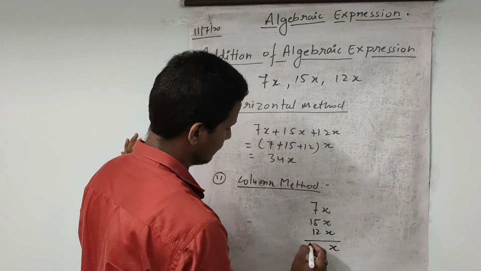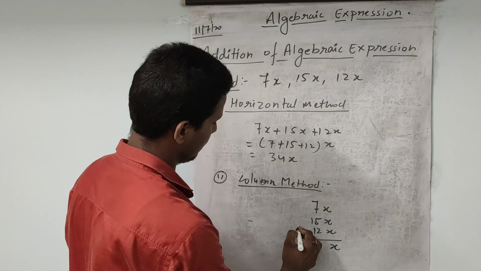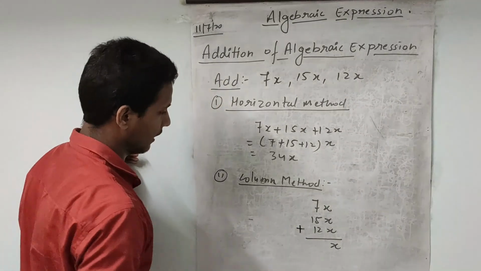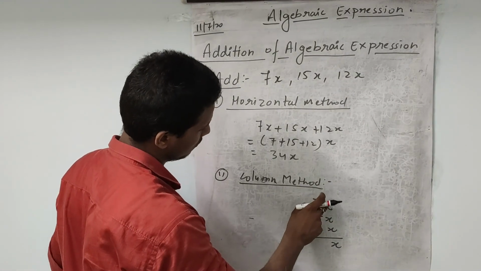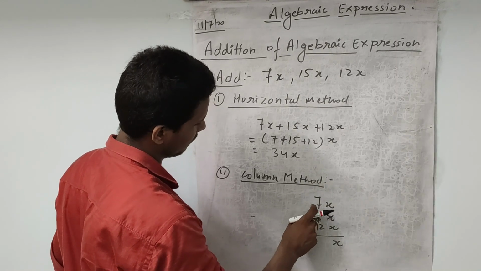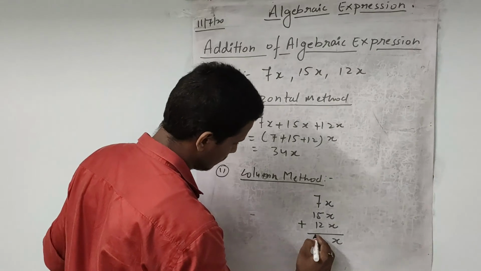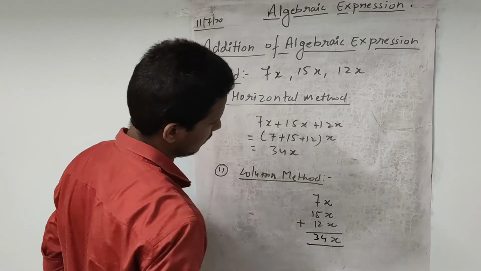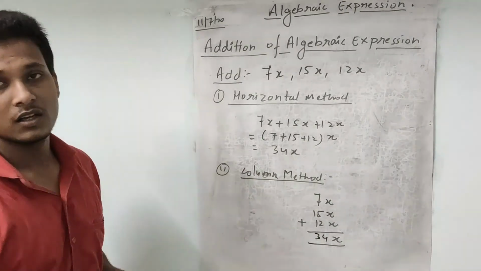Now x stays as it is, and here we put the addition sign because we need to add, and now we add the numerical coefficients. 7 plus 15 is 22 and 12, that is 34. In this manner we do the addition here.